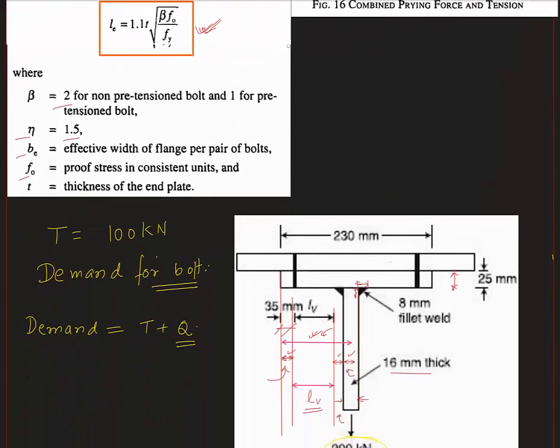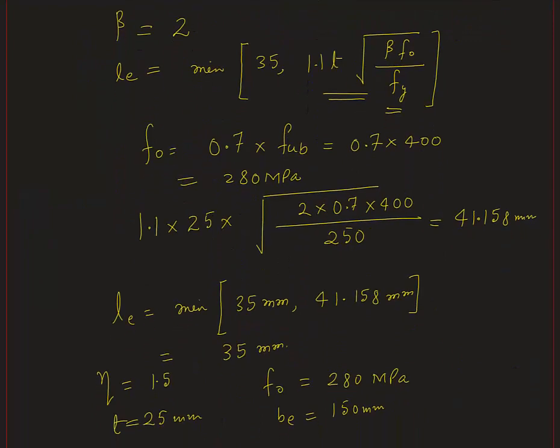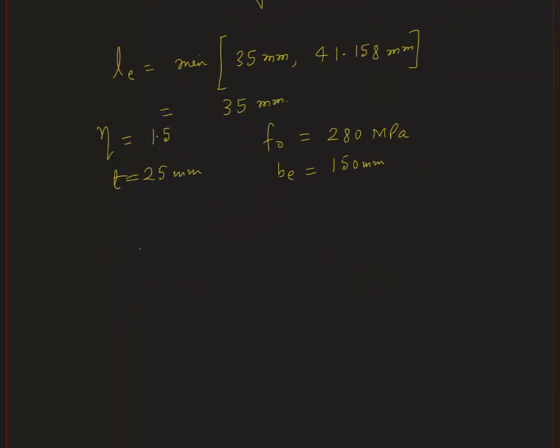This dimension, perpendicular to the plane, is basically Be, and in this case this value is 150 mm. So if we plug all this in, we can calculate the Q value. So let us calculate Q.